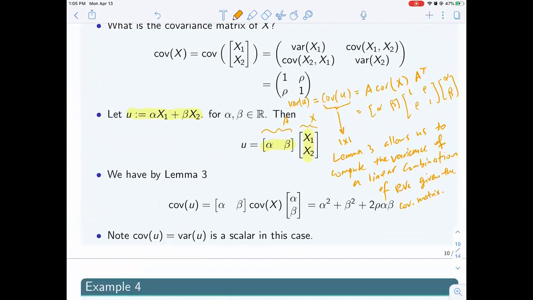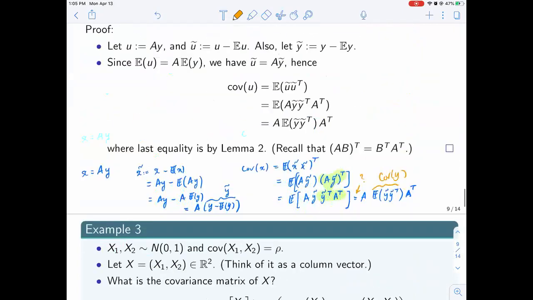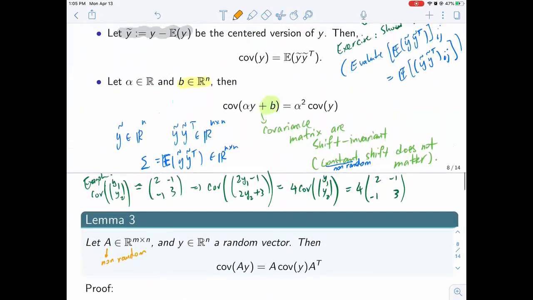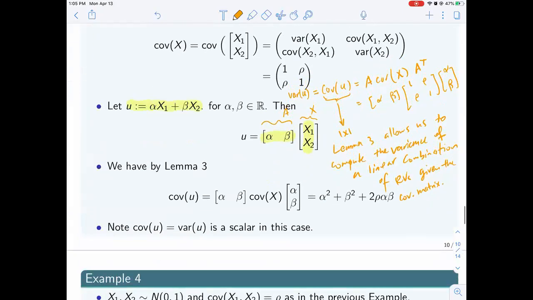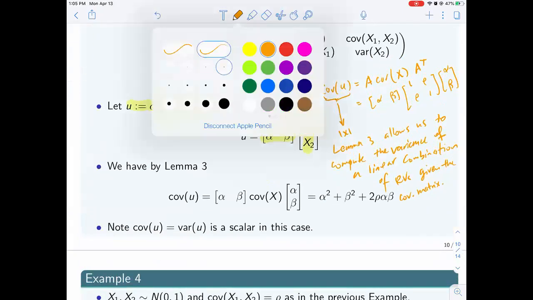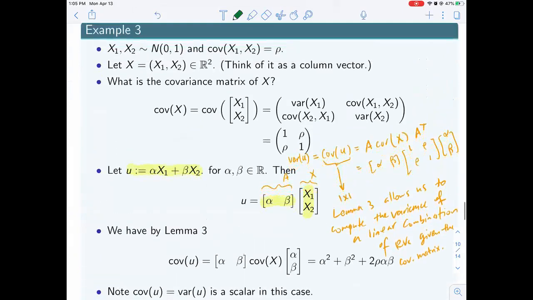So the question is that if alpha is equal to beta, can I say that covariance of U is, let's say, alpha squared times the covariance of X?